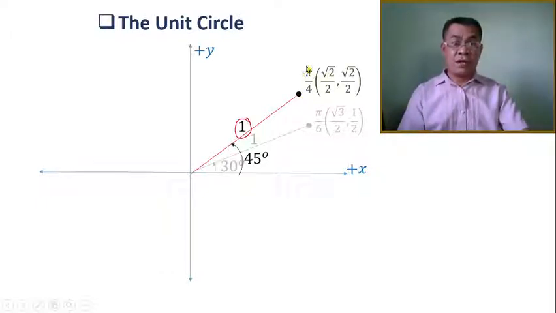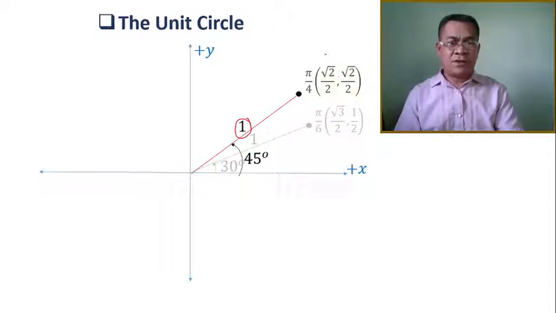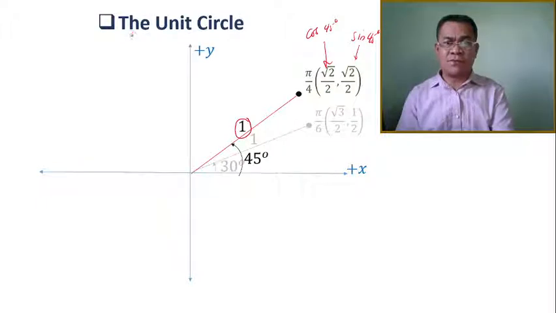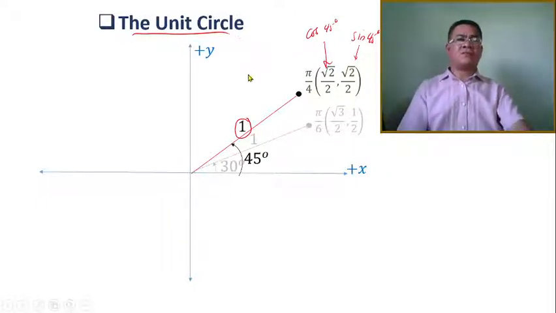Pi over 4 is 45 degrees, so it has coordinates square root of 2 over 2 and square root of 2 over 2. Both are positive because this is in the first quadrant. This is our cosine of 45 degrees, and this is our sine of 45 degrees. This is the principle of a unit circle.